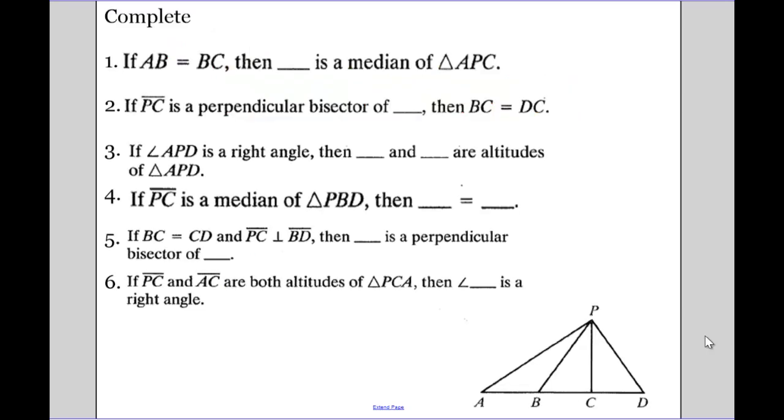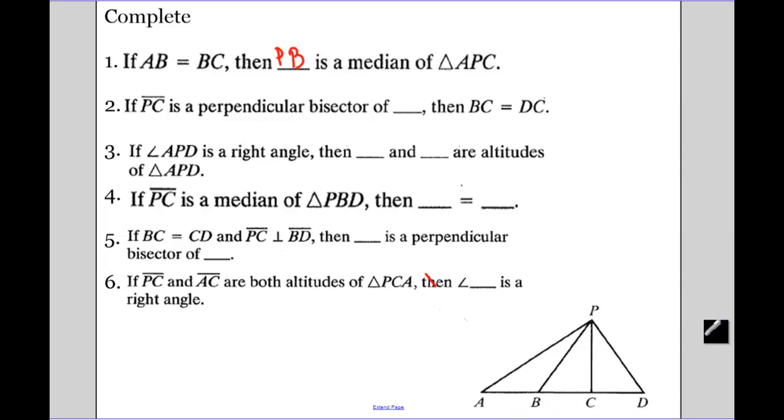Okay, so now dealing with what we've been talking about. If AB is equal to BC, then something is the median of triangle APC. PB, because PB goes from a vertex to the midpoint of the opposite side. So that's PB. Okay, next.